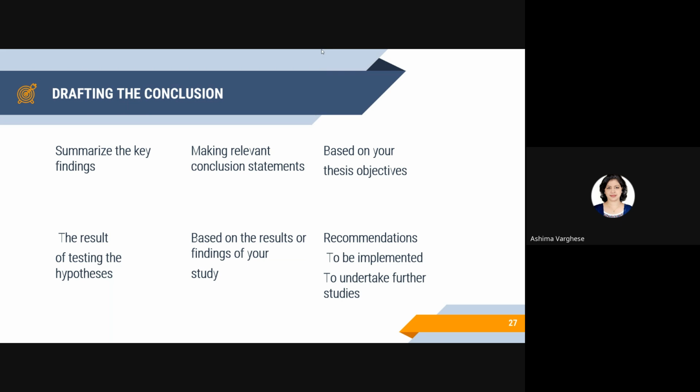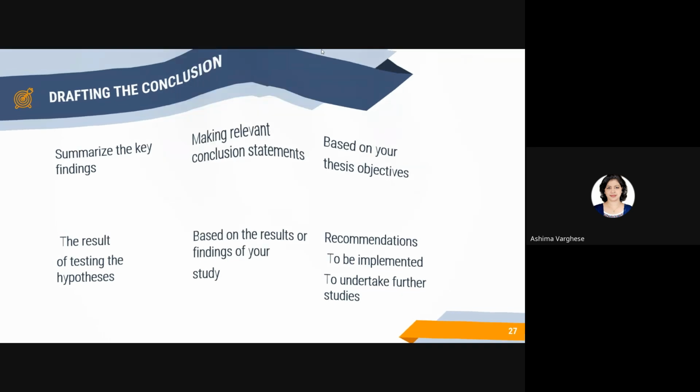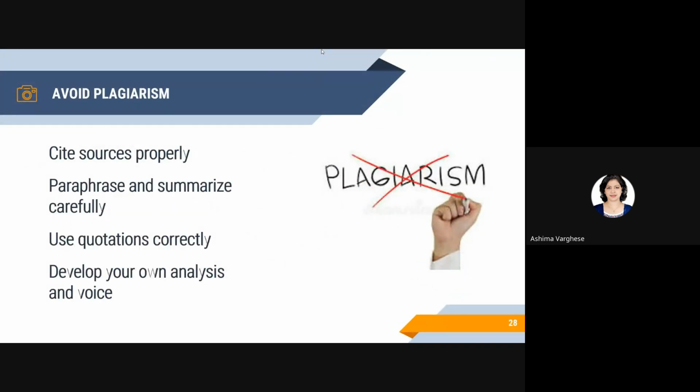So drafting the conclusion is a tricky part, but you are supposed to make a good reflection based on your research objectives and hypothesis tested. So we have done drafting the conclusion, that is the last part, the last chapter of your manuscript writing.